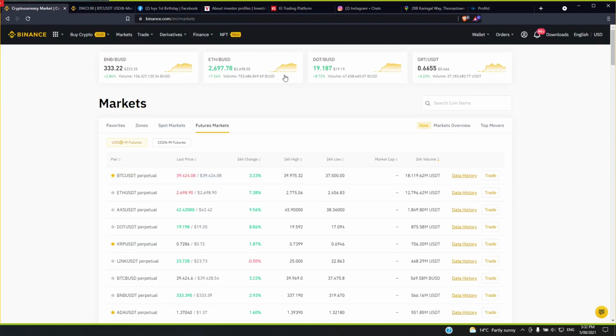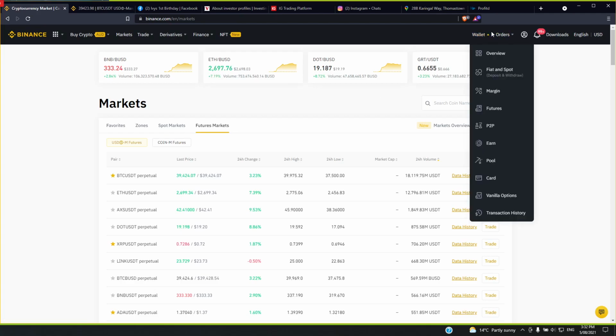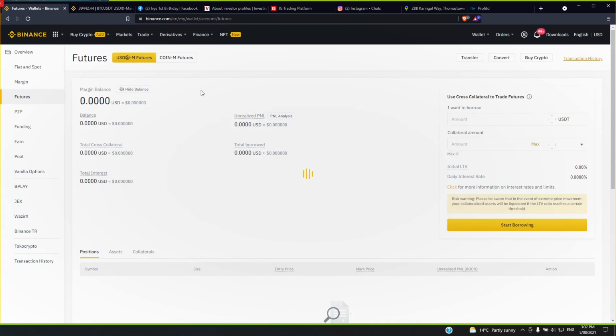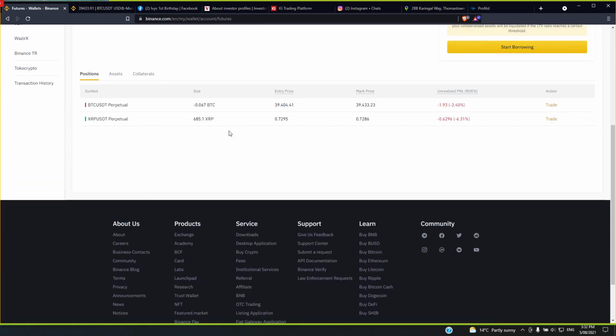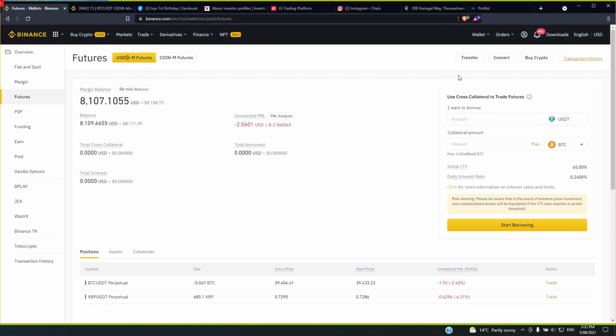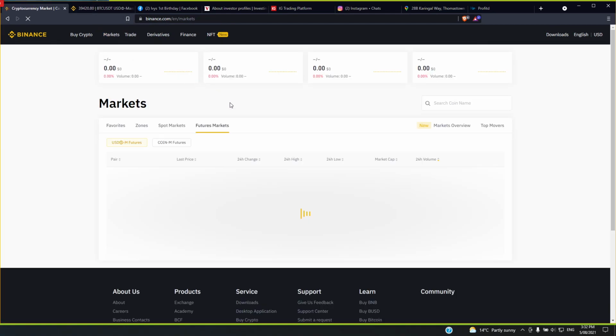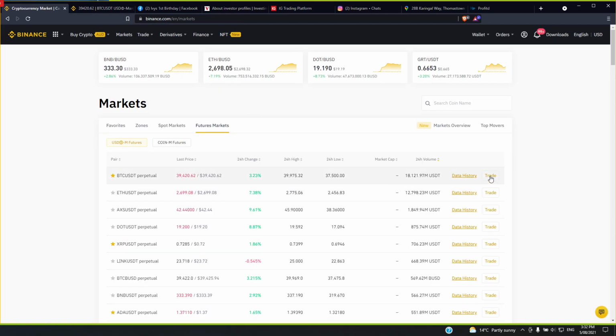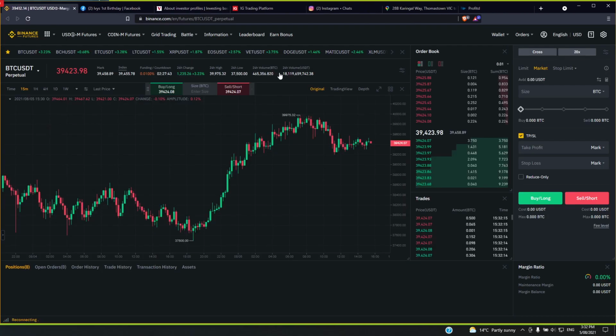And that's how you can get in. Or you just click wallet, pretty sure, and then you just click futures. I think it's like that. USD and futures. Oh no, you're going to have to do it the first way. It's just markets, because this is just your wallet. So go to markets, click futures market, and click trade. All right. So that's how you get in.